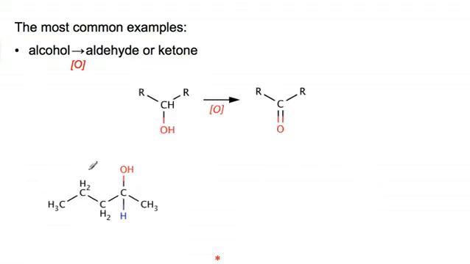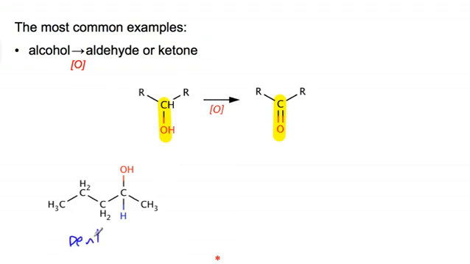Okay, ketones are also formed by oxidation. So here's my secondary alcohol, and it gets oxidized to a ketone. So there's my C double bond O carbonyl group within the chain. So secondary alcohols get oxidized to ketones.